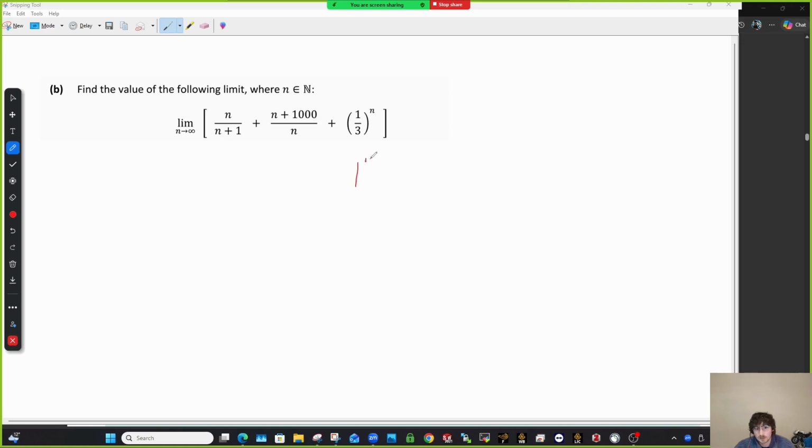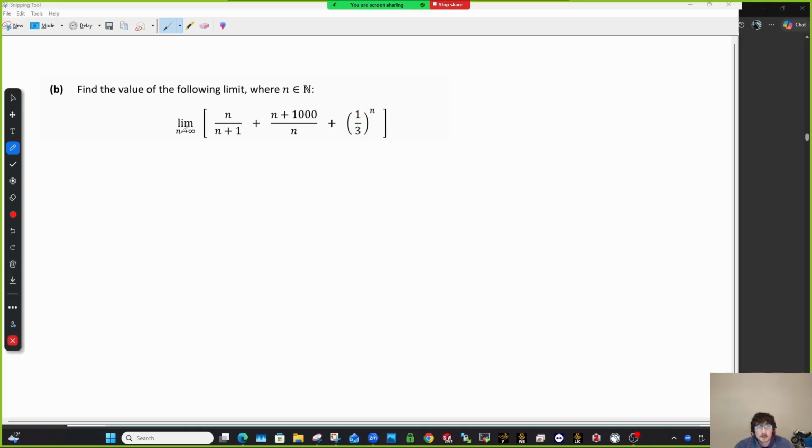The rule of indices here is that it becomes like that. You can go check your tables book if you don't believe me. 1 to the power of anything is just 1, so that's fine. And so we got 1 to the 3 to the n here. Now you can put infinity in there, and you get 1 to the 3 to the infinity. So that'll be 1 over infinity, and 1 over infinity is 0. So we know that this term is going to go to 0, but we don't know what these two terms are going to go to.